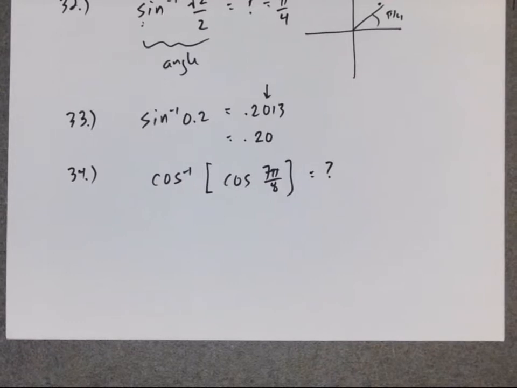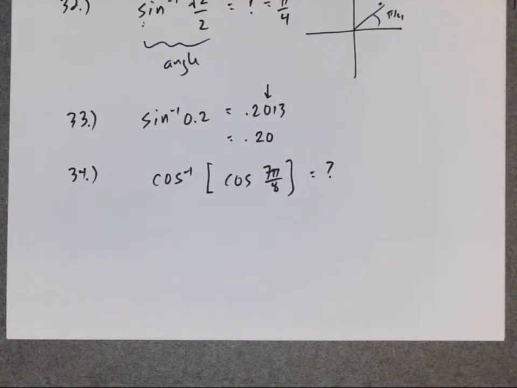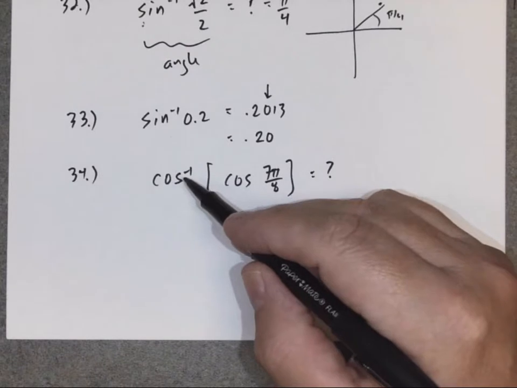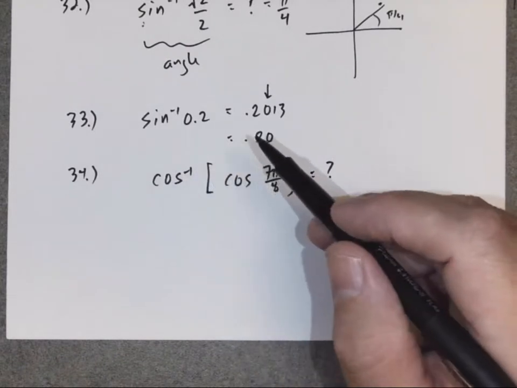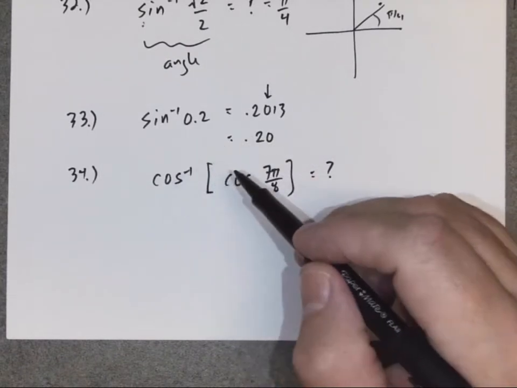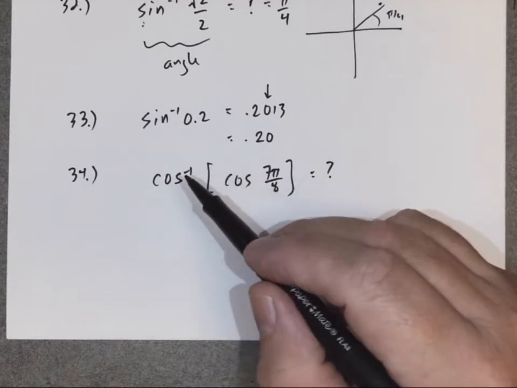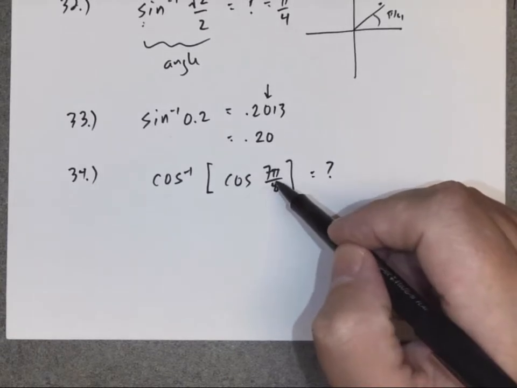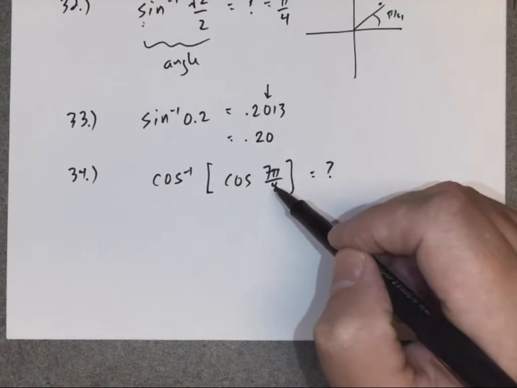Now, let me tell you how you can view these problems, and sometimes these problems become very, very easy, but other times they become a little tricky. When you take the inverse cosine of a cosine, there's a chance that these two will cancel out, and you just end up with what you start with. But that doesn't always work.